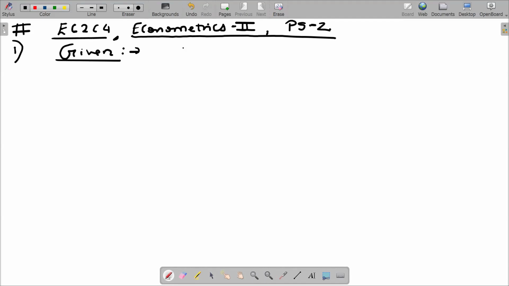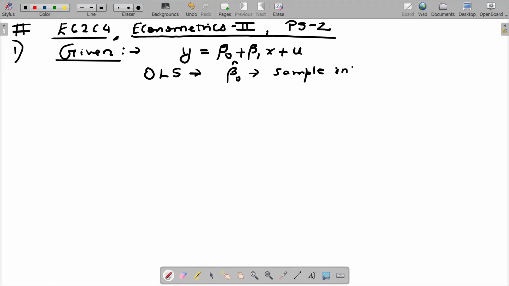For the regression model y equals beta naught plus beta 1 x plus u, when I conduct OLS on this model, I get beta naught hat and beta 1 hat. This is my sample intercept, which is an estimator of the population intercept beta naught.